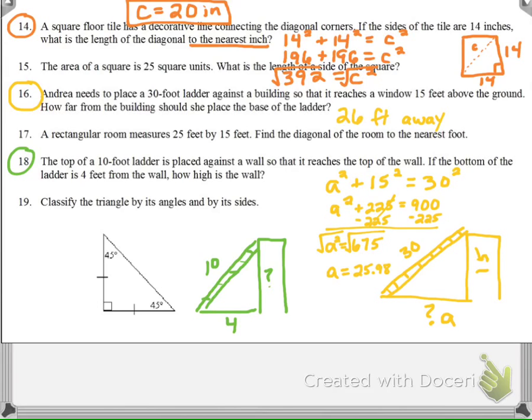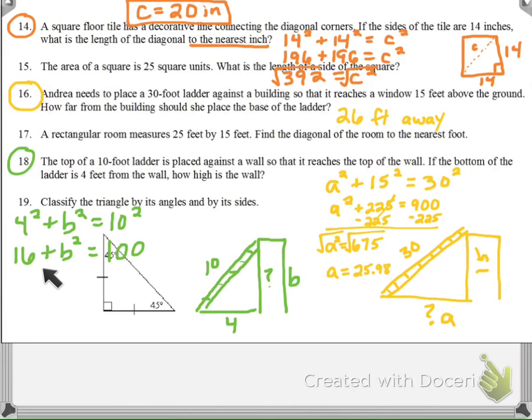Okay, well this time it's still a right triangle. Okay, but this time I know C and I know A. I can find B. Okay, so I have A squared plus B squared equals C squared. Well, 4 squared is 16, 10 squared is 100.